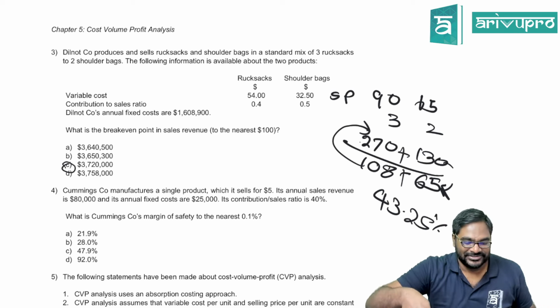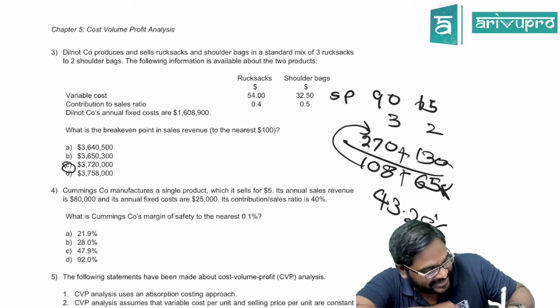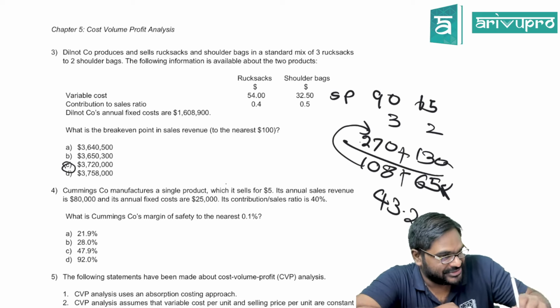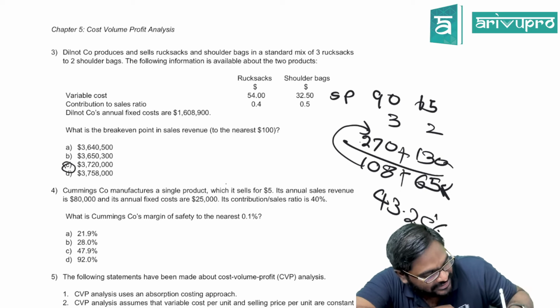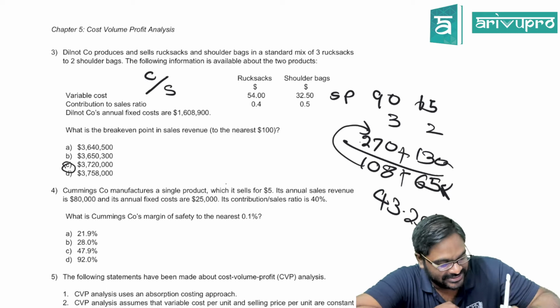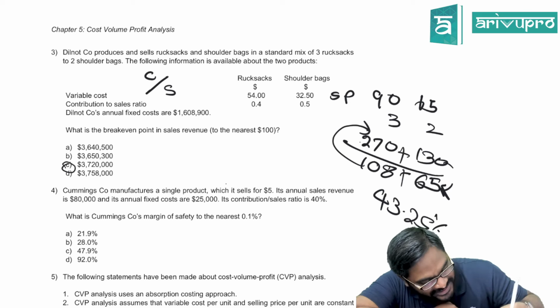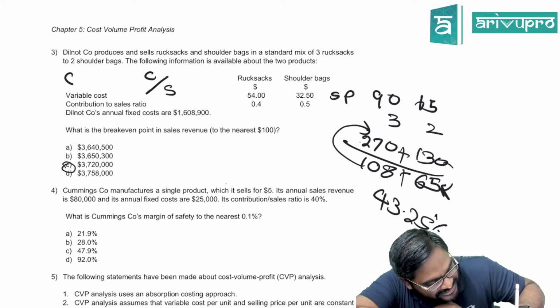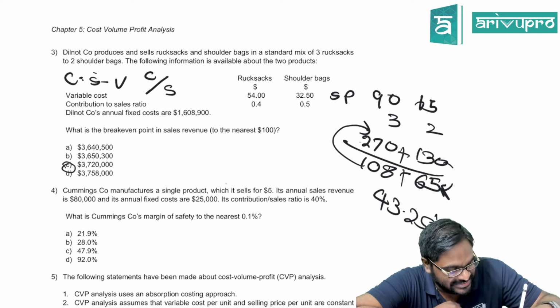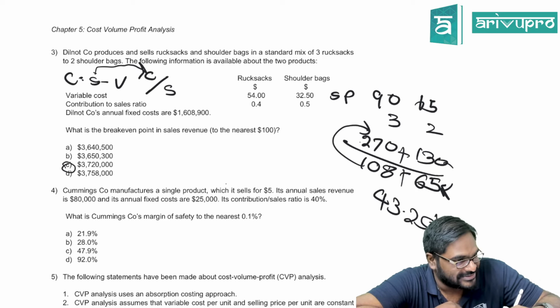Right. So your CS ratio means what? Your contribution divided by sales. Agree? So contribution equals to sales price minus variable cost. Are we good? So if I can just replicate this here, right?